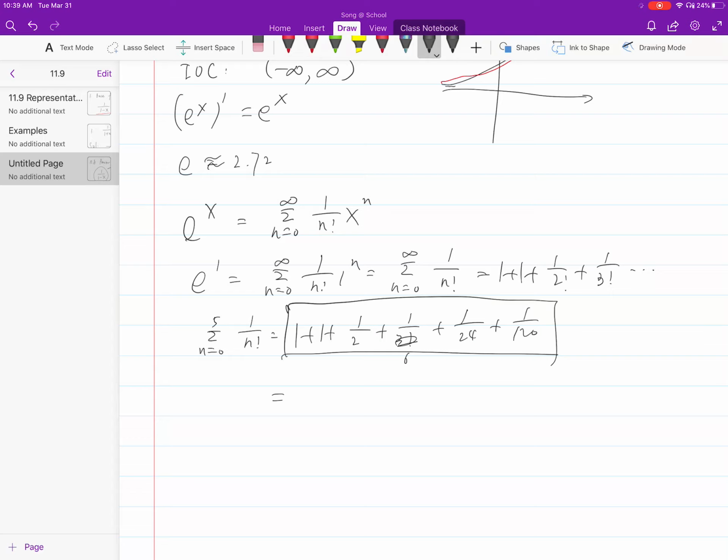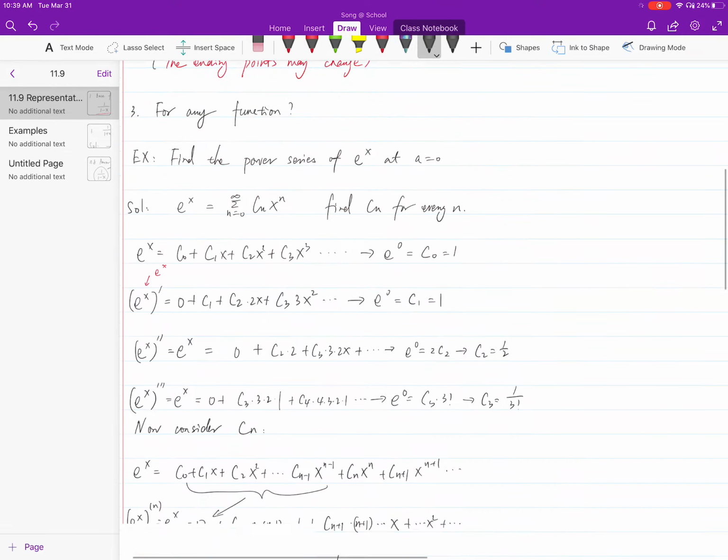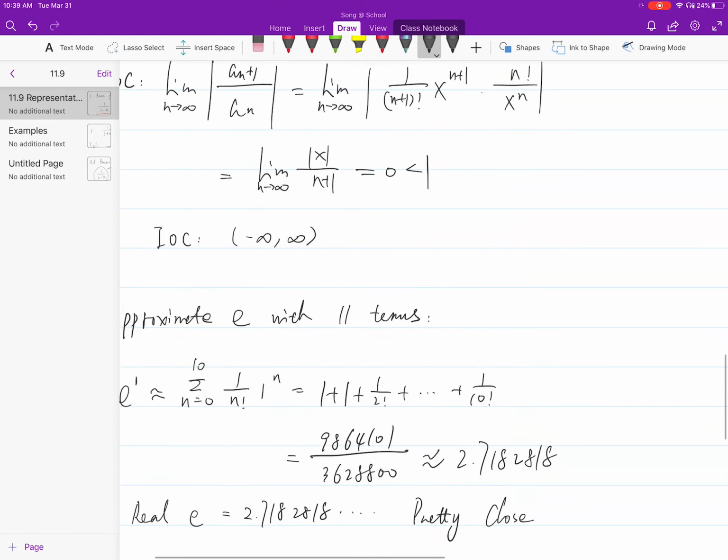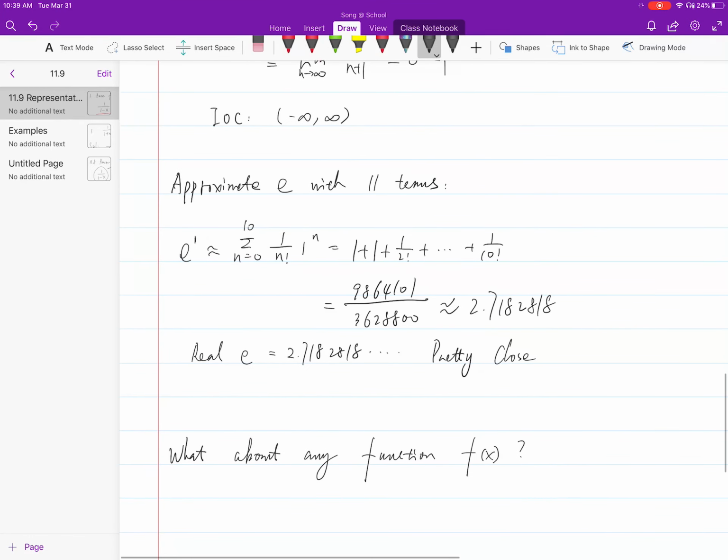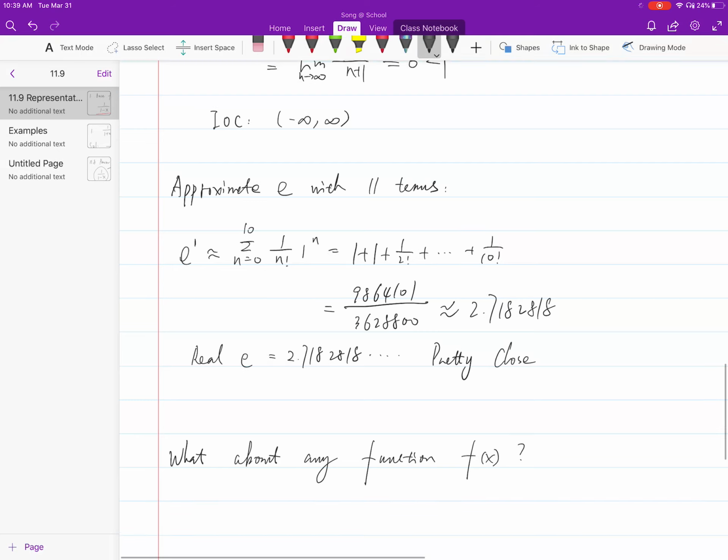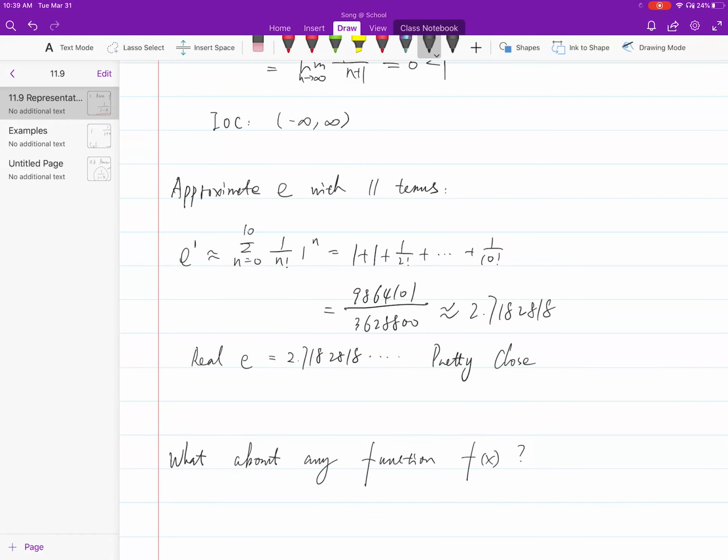Okay, I actually did it with 10 terms using a calculator. I find a number. Okay, this is what I did. I tried to approximate e using 10 terms. I used Wolfram. I find it's a fraction because remember it's finite. It's roughly this in terms of decimal.